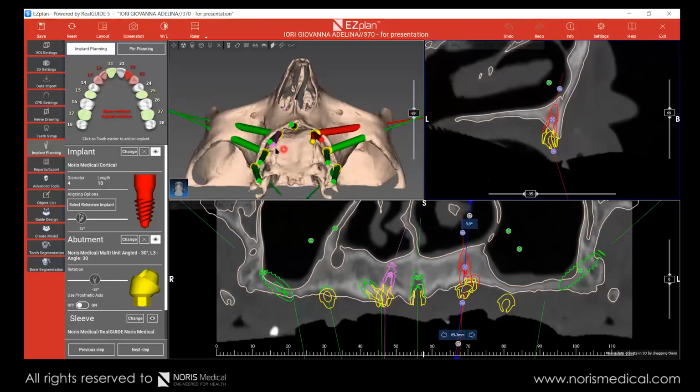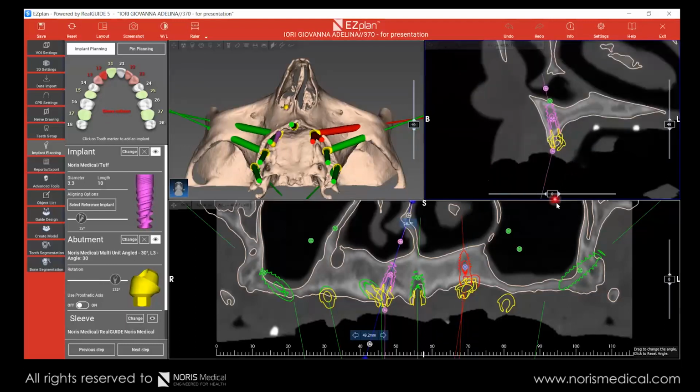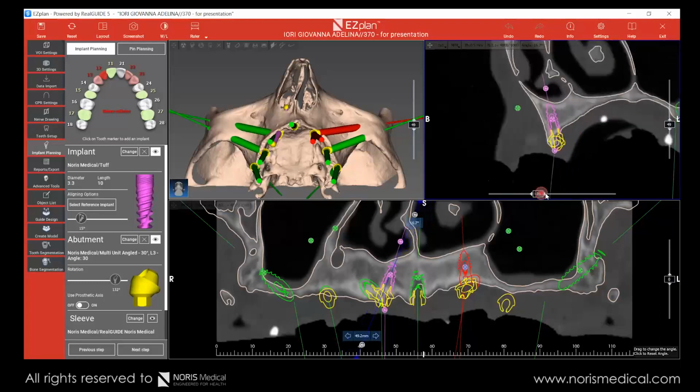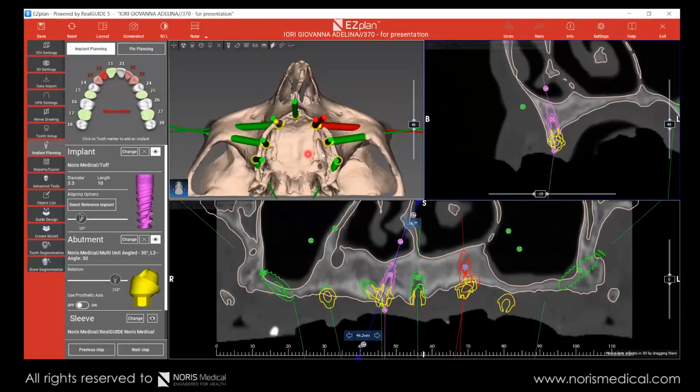Let's look on the right side. You see, this is a more severe, this is a more reasonable implant position. Okay, so basically we could have 2 implants on the left and 1 implant posterior on the right. And in the future, having this implant position. So let's just look at the zygomatic implants.